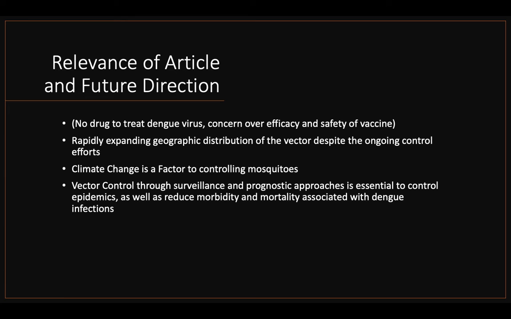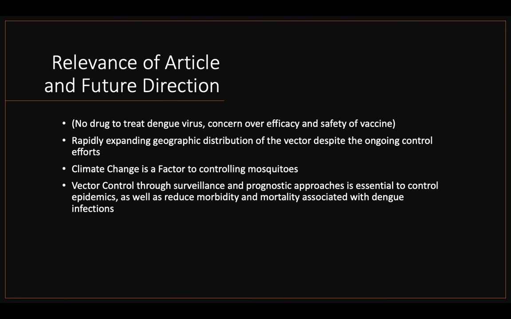Relevance and future direction. Because there is no drug to treat dengue virus and there's only a vaccine that is approved in some countries, there is still a great concern for the control of dengue virus. There is a rapid and expanding geographic distribution of the vector despite ongoing control efforts.